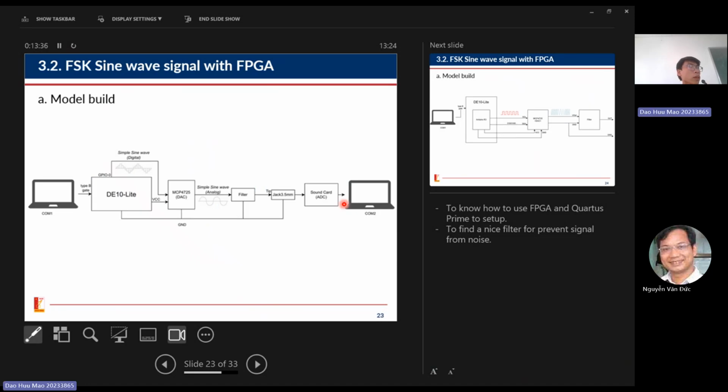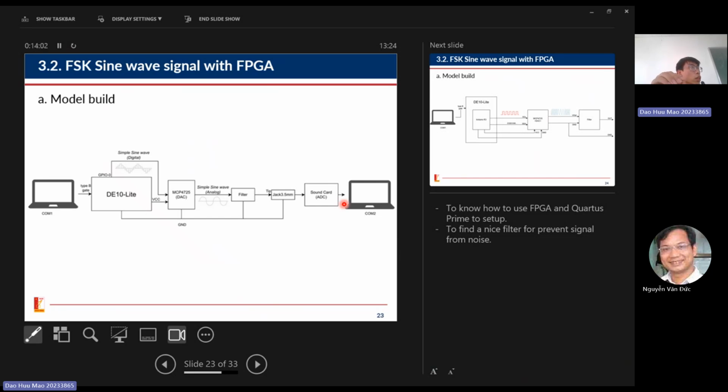Based on what we deployed before, we proposed that, but it doesn't really work because the MCP4725 DAC here can't work with just GPIO.